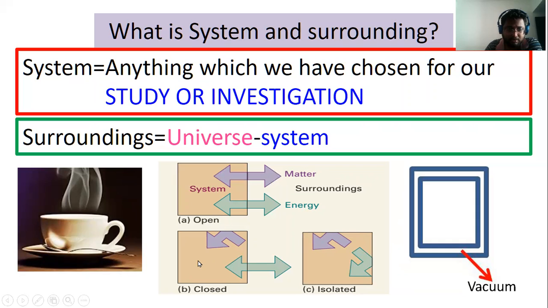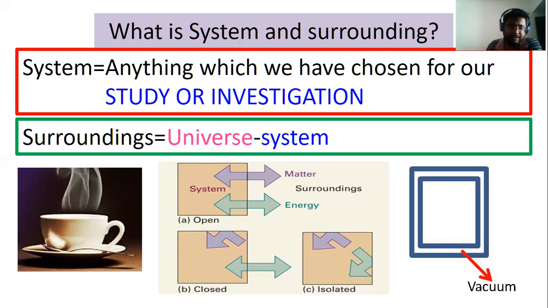Now let us look at the closed system. Here one degree of freedom is lost. You cannot transfer matter; you can only transfer energy. You can think of a bottle of water with the cap tight, so that there is no way you can lose any water.